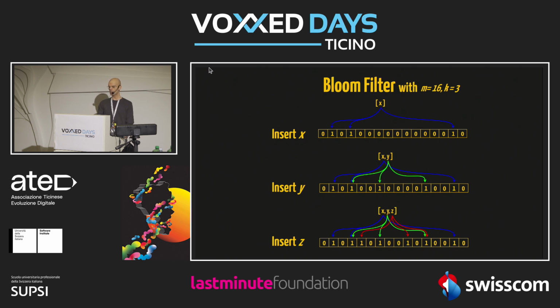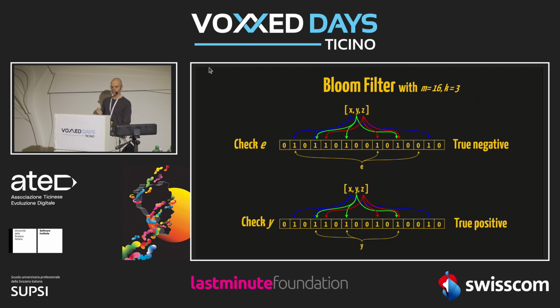So now, what can happen? If we want to check if an item belongs to a set, in this case we want to check E. We can see E below the array, and it has the 3 arrows mapping to the hash functions. The first hash function applied to E maps to the second element of the array, which is a 1.